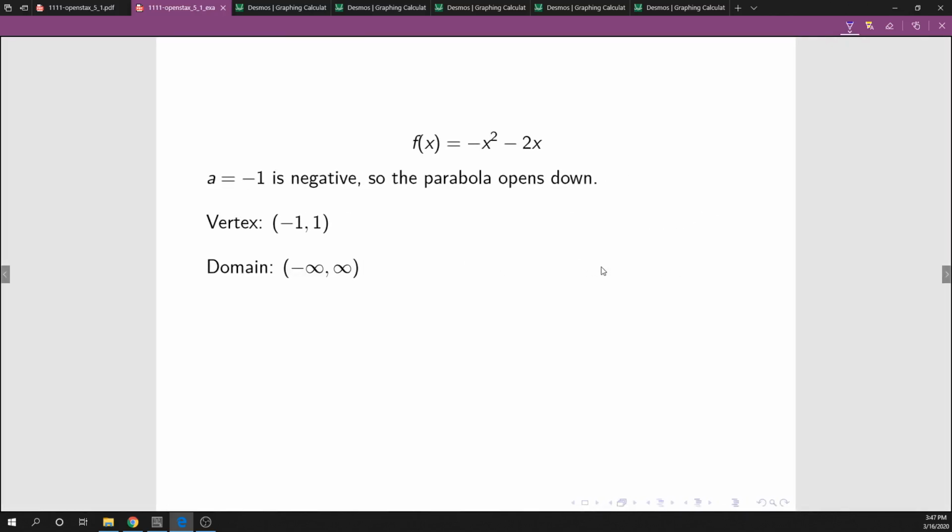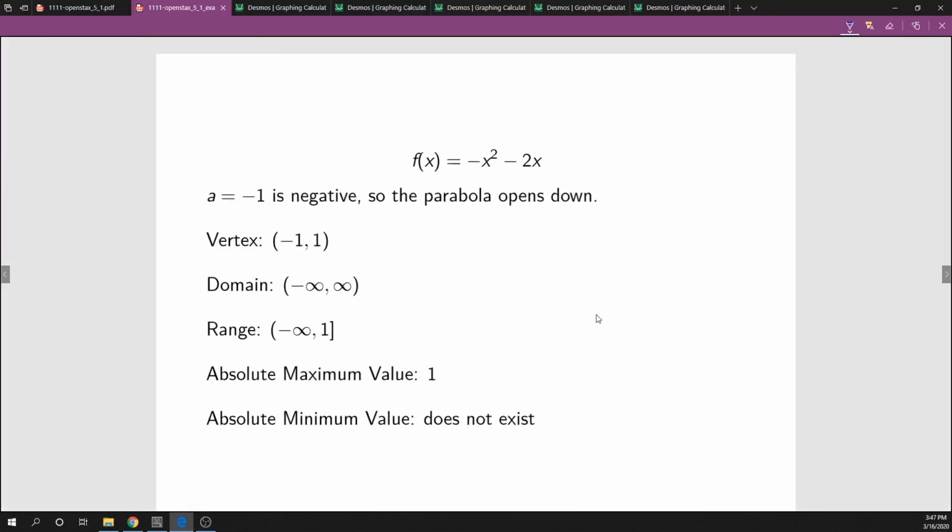The domain of any quadratic function, this one included, is negative infinity to infinity, or all real numbers. The range is from the y value down, because the parabola opens down. That would make the maximum value of this 1, and there is no minimum value, because it opens down.